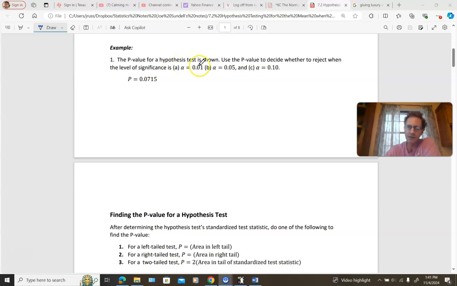So when the level of significance is 0.01, then we are going to fail to reject, because if we compare our p-value, which is 0.0715, to alpha, which is 0.01, then the p-value is greater than alpha in this case, okay?